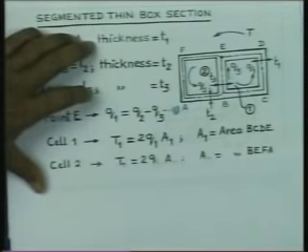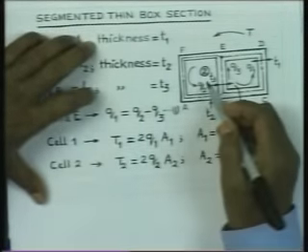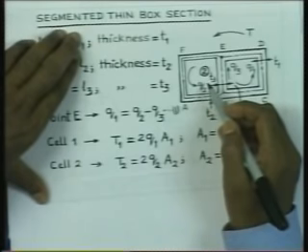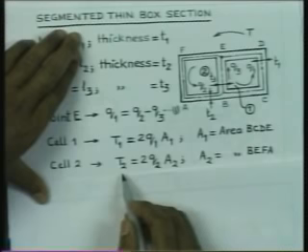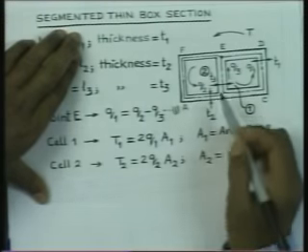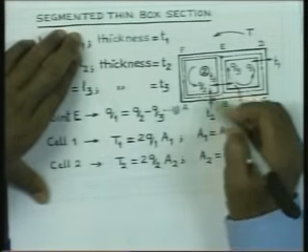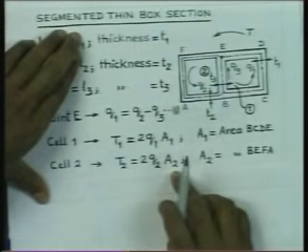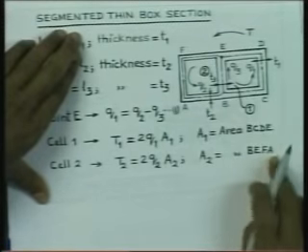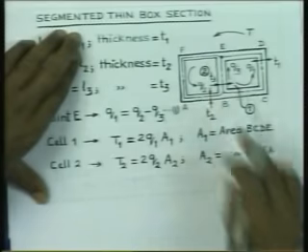Similarly, since we have the flow in the second cell as Q2, again applying the Bredt-Batho formula, let us say that the torque taken is T2, we can write that the torque is nothing but 2 times Q2 into A2, where A2 is the area of cell 2.